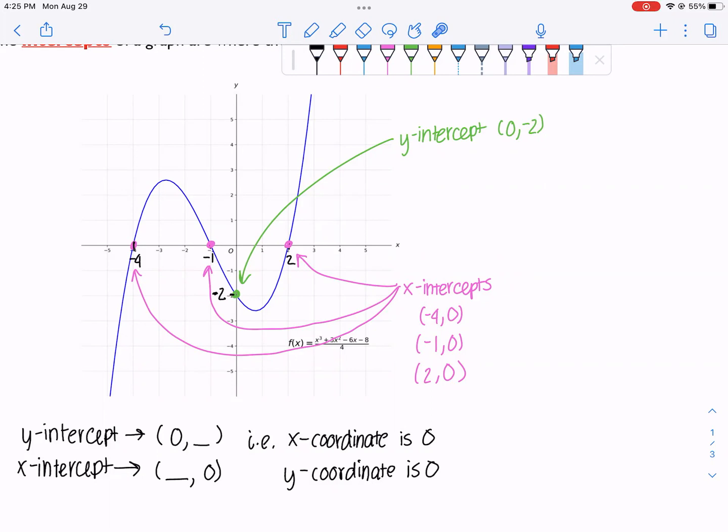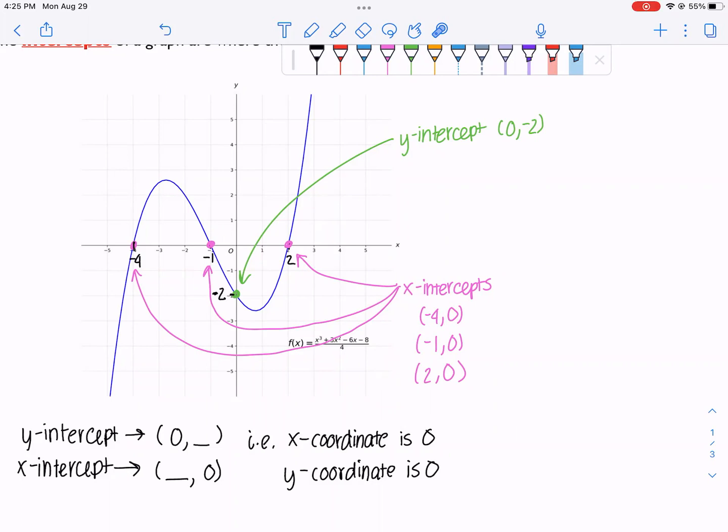Then you're looking at the full formal name: the coordinate points of the x-intercepts would be -4, 0, -1, 0, and 2, 0. But in most cases, when you're asked for x and y-intercepts, it's simply the value. So the y-intercept is -2, and the x-intercepts are -4, -1, and 2.